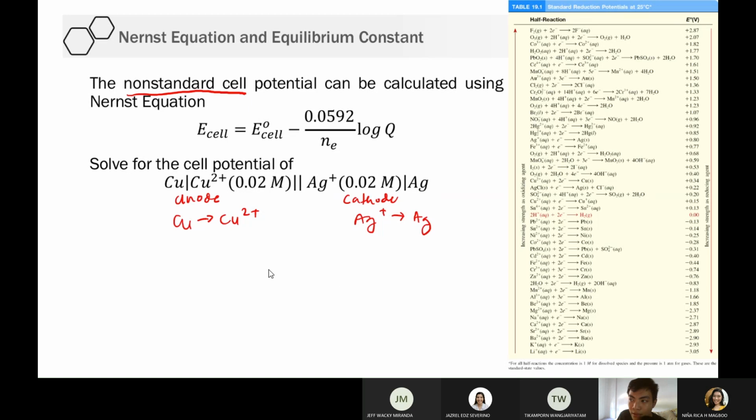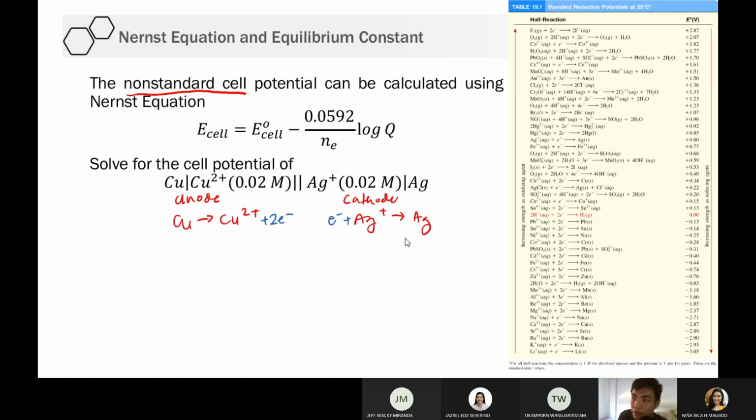If you balance the equation first, you will see that this will need 2 electrons and this will need 1 electron. I hope you know how to balance this, but if you don't know yet, you can watch my lab videos on this, which were uploaded on YouTube last night.